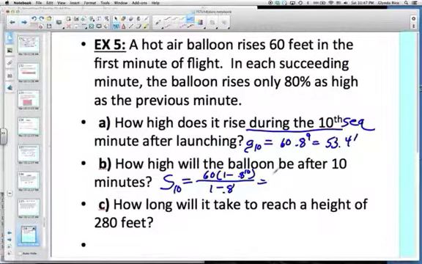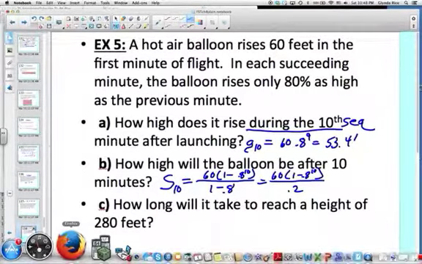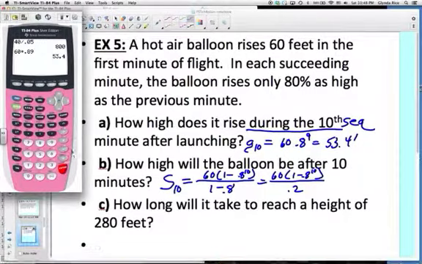I'm going to go with 60, 1 minus 0.8 to the 10th, 1 minus 0.8 is 0.2, and type that in. 267.79.